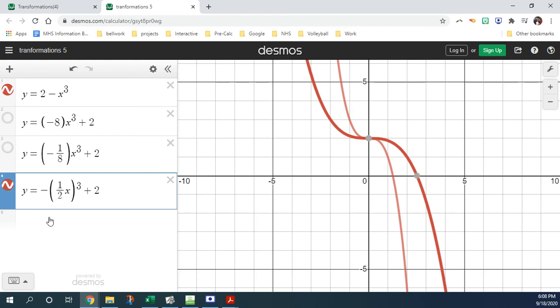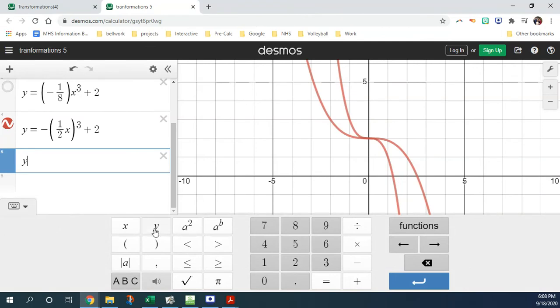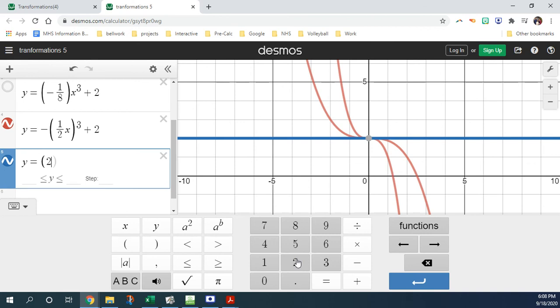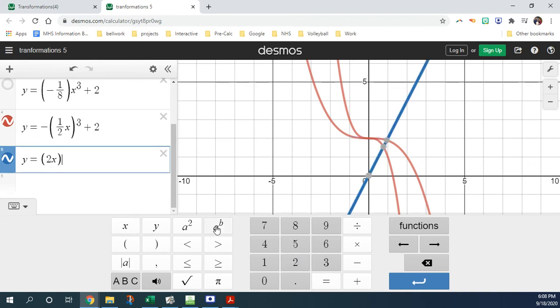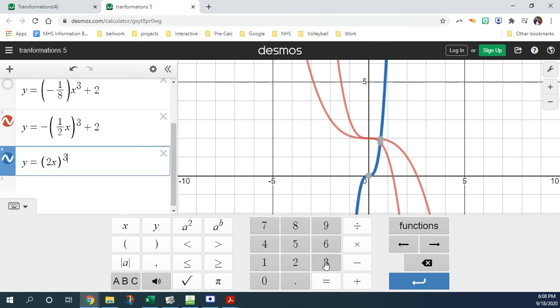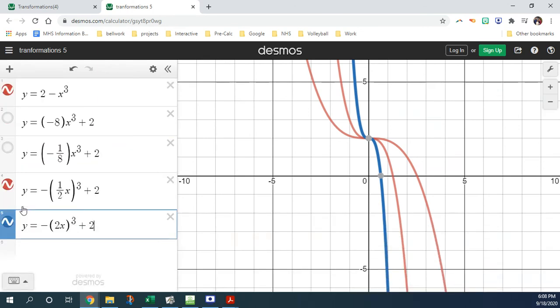So if we wanted that to be a 2 instead, again, we want it to be negative. Notice that that also affected it horizontally, but it basically stretched it.